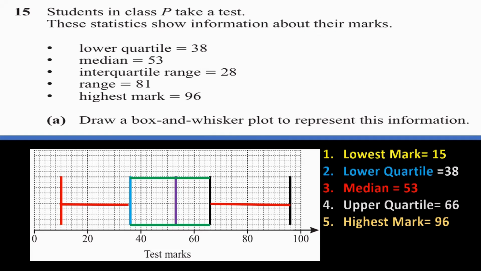You can replay the video again and again to understand. But bear in mind the 5 key elements that we need. In this question, you are not given the 5 key elements, but you are given values that you can work around to get all the 5 key elements required to draw a box and whisker plot.